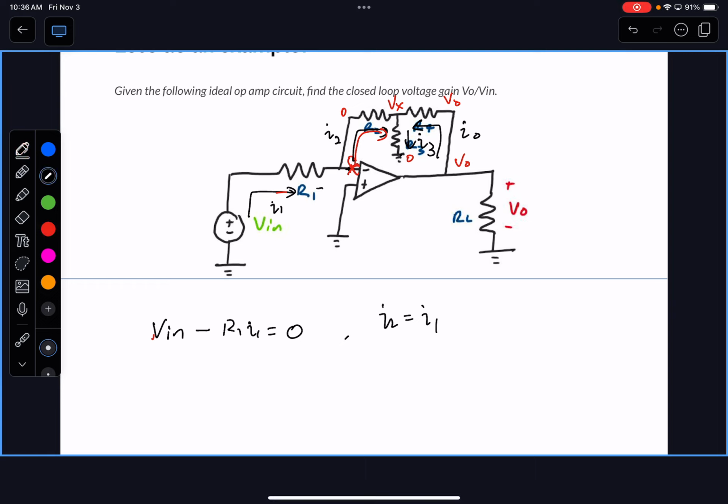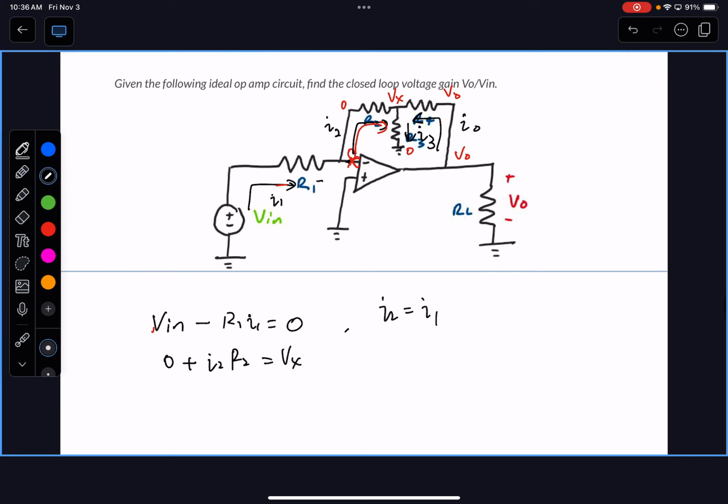That's right. Okay, so in this case, 0 plus, I guess, I2 R2 equals to Vx, right? And then at the same time, Vx minus I3 R3 is 0, which is this loop right here. Ow, I just erased all of my stuff.